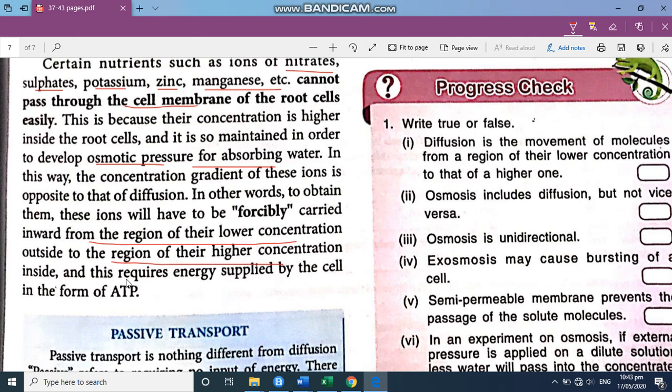And to do this, they require energy. And from where is this energy coming? It is supplied by the cell in the form of ATP. So any process which is taking ATP is known as active transport.